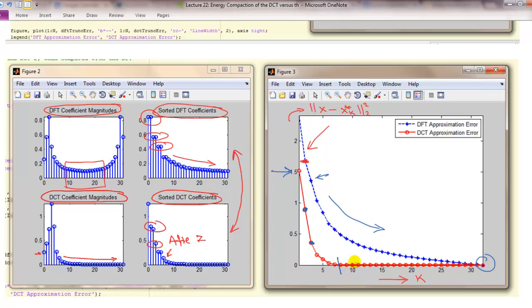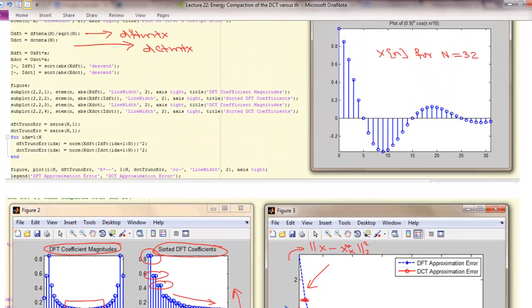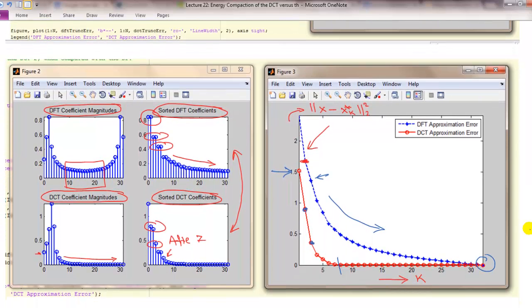Okay? So this signal, which is a 32 length signal, most of the energy in it can be described using only 7 DCT coefficients. Whereas if you stored the signal in its original form, you would have to store 32 numbers.